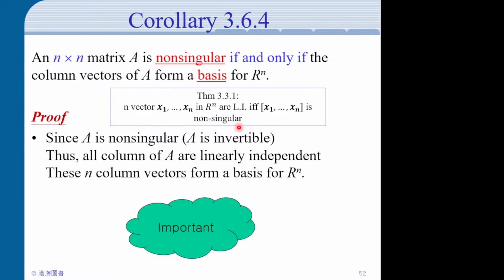And if it's non-singular, then we know the vectors are linearly independent. Okay, now I remember.